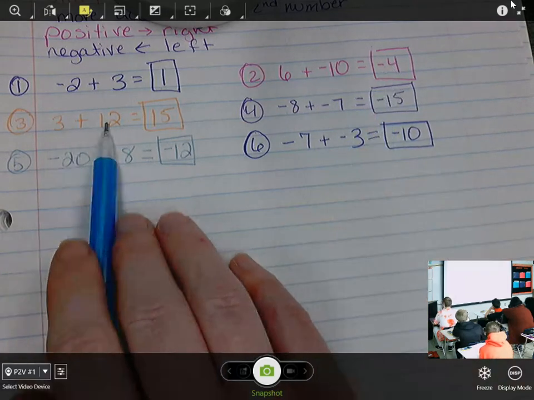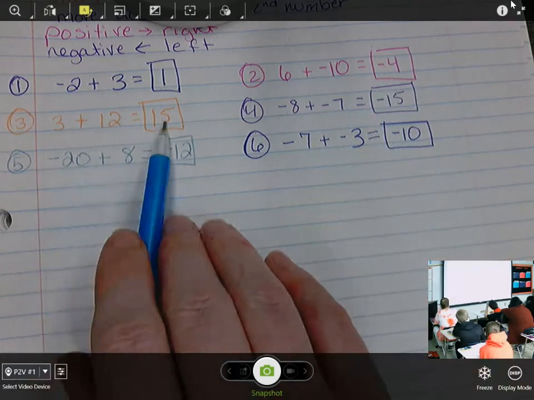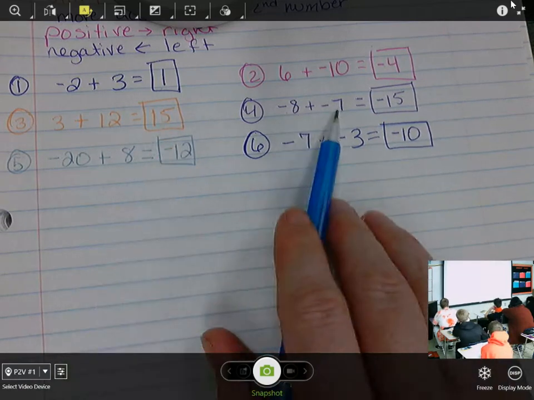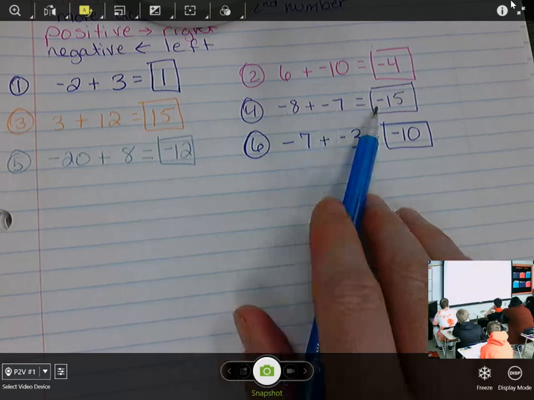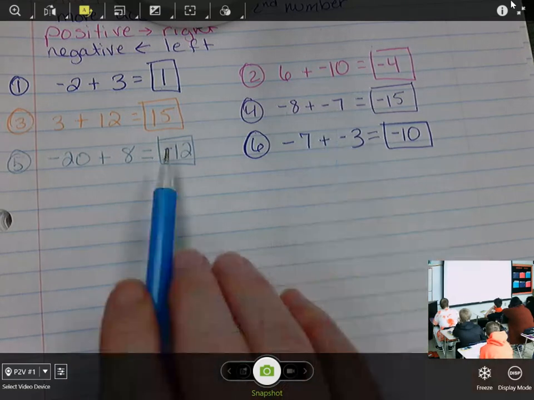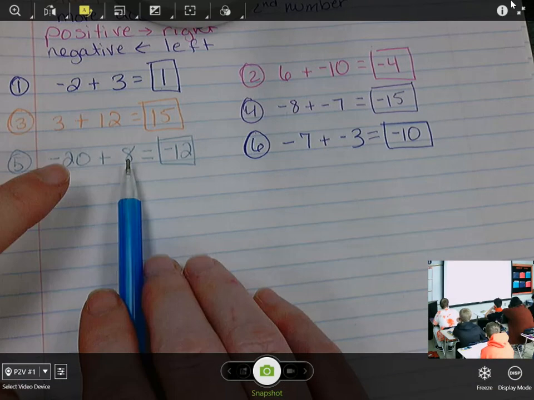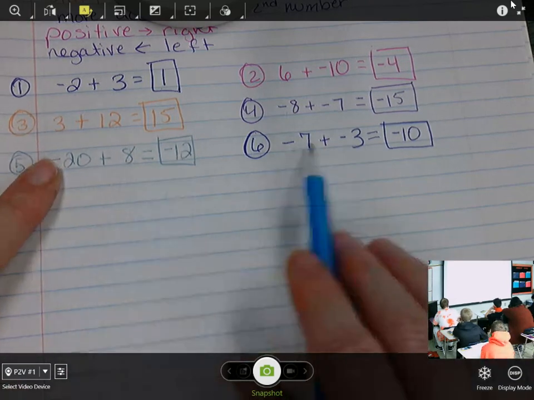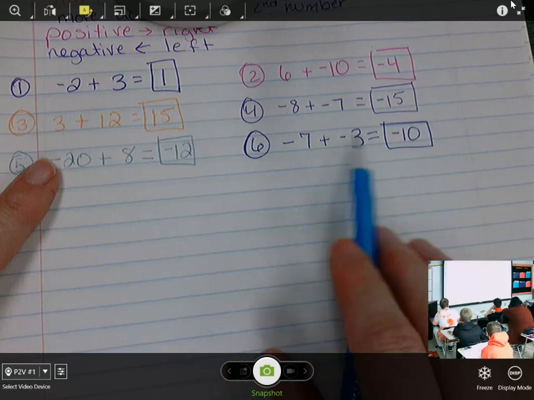Here, they're the same, so you add and keep the sign. Here, they were the same, so you add and they would stay a negative. Here, they're different signs, so you subtract and you take the sign of the bigger one. Here, they're the same, so you add and keep the sign.